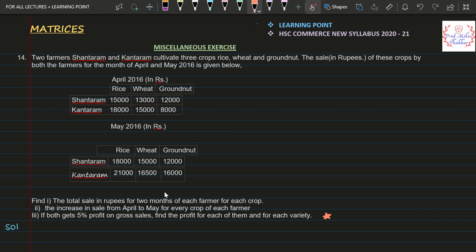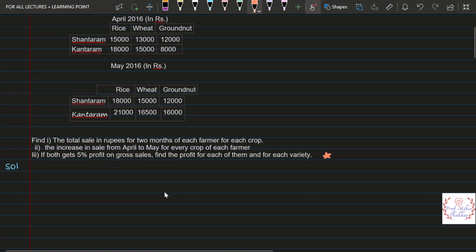Now in the first part, it's asking us to find the total sale in rupees for the two farmers. So the first thing that I will do is express both given pieces of information for the months of April and May in the form of two matrices, and only then will we be able to solve the first part.